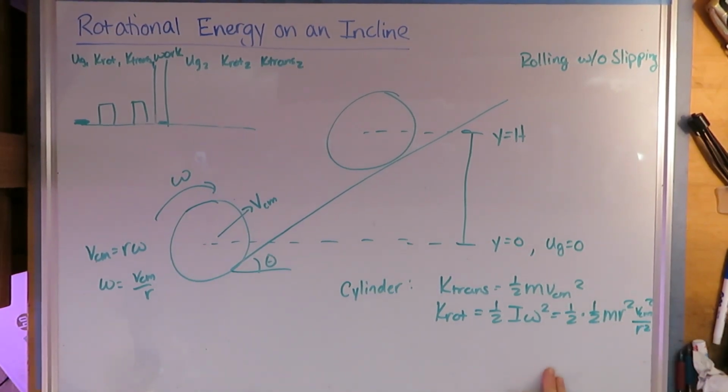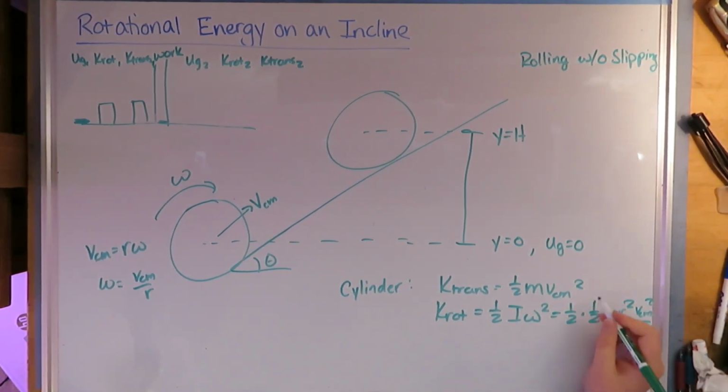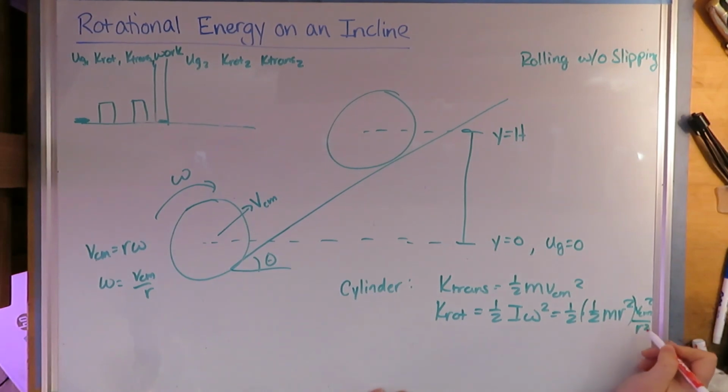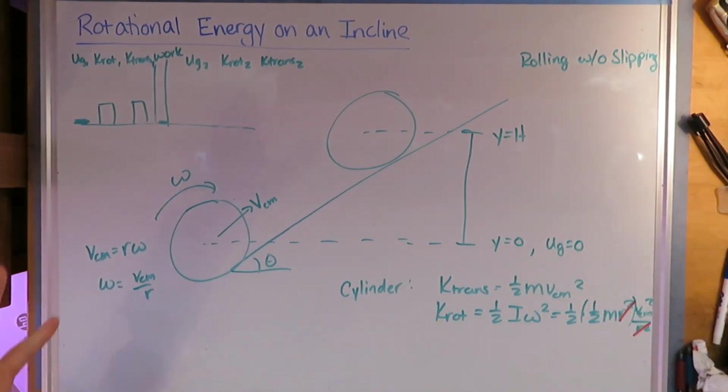One thing I often forget to do with solid cylinders is use the 1/2 for the rotational inertia, so be very careful to sub in the full formula. Once again, the r squareds cancel. We already figured out when we did acceleration that the radius of the rolling object doesn't matter, and actually the mass cancels out too.